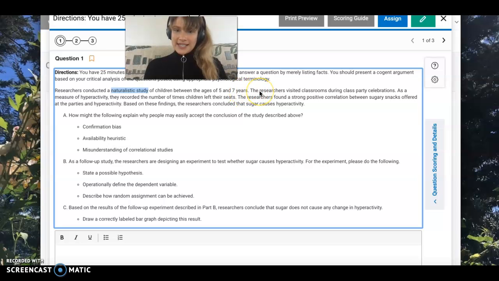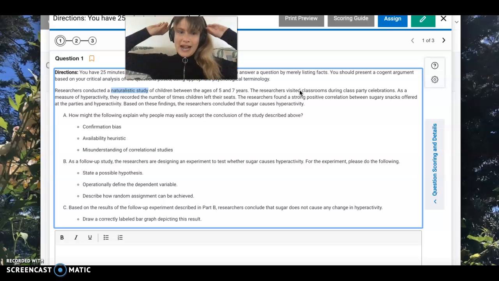The researchers visited classrooms during class party celebrations. So again, they're going to visit children in their natural environment of classrooms to see what they act like in their normal daily life, rather than bringing them into a controlled laboratory psychology experiment environment.